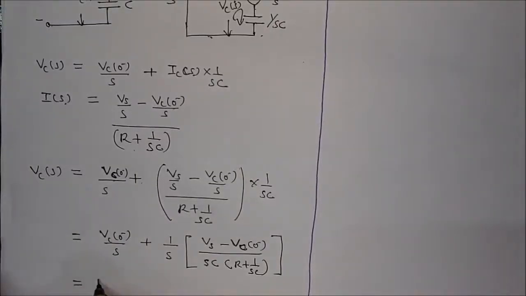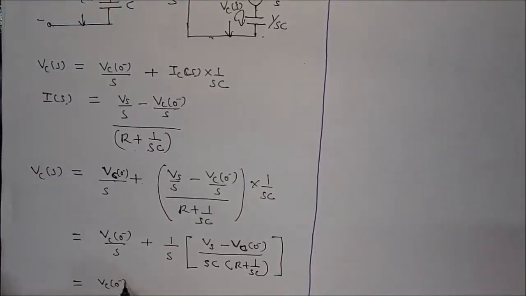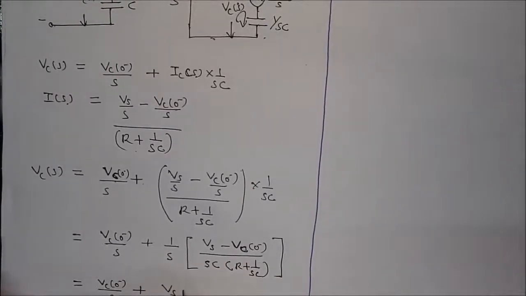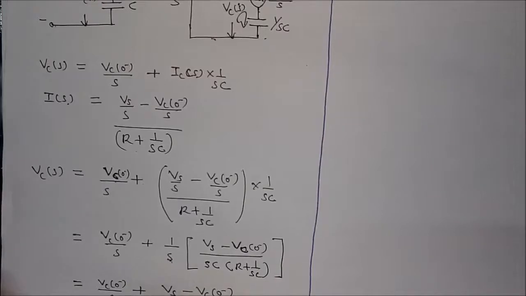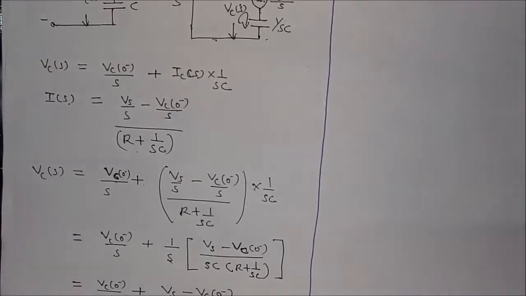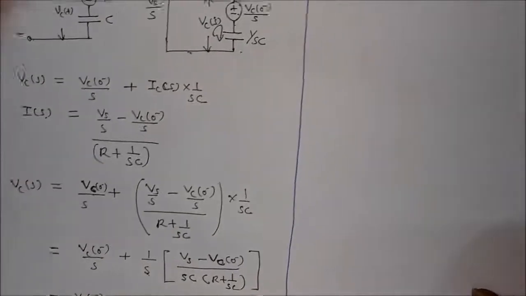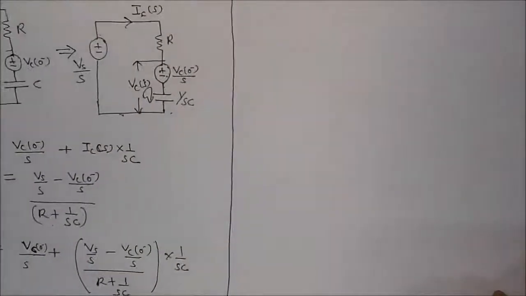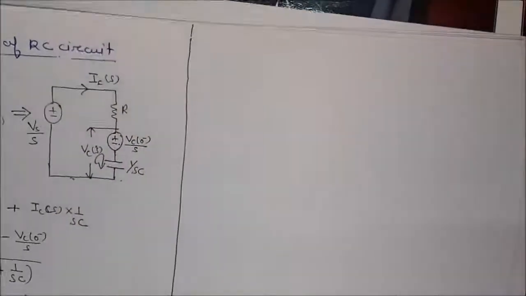We can write it as Vc0 minus by S plus Vs minus Vc0 minus divided by, take this one, SRC bracket S plus 1 by RC. Is it okay? So can I write the complete thing in this manner?